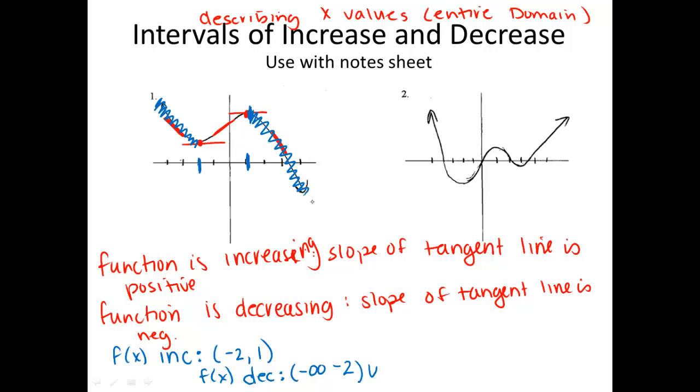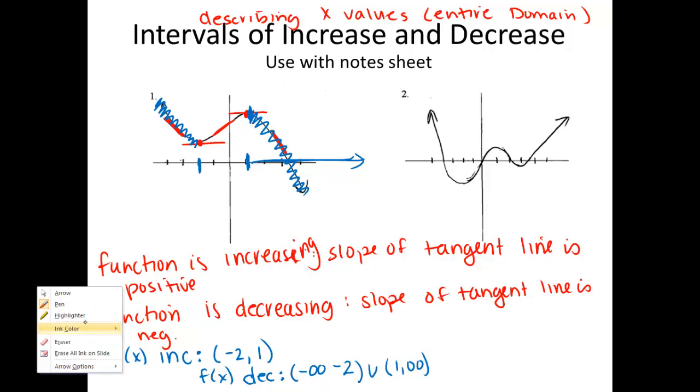You're saying, well, it's not going to positive infinity. Well, the x values are going to positive infinity, and we are describing the x values. So while my x's are going this way, yes, the function is decreasing, but it's going to -infinity. So we will write that as +1 to +infinity.